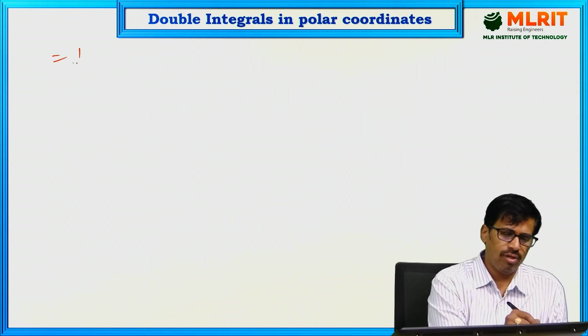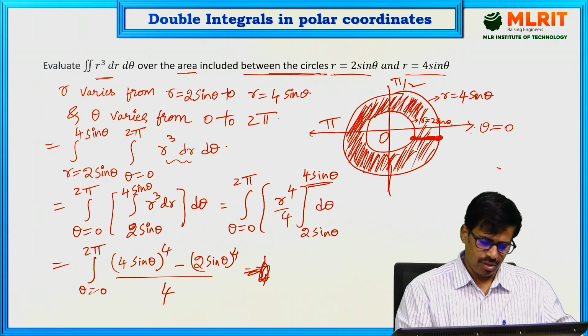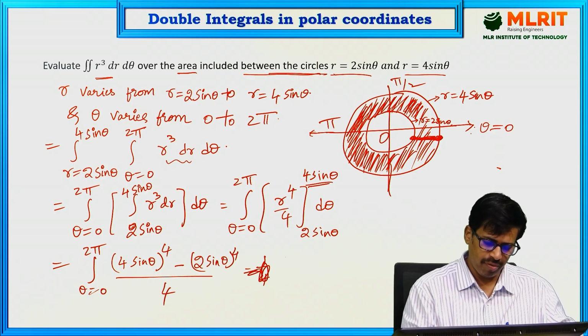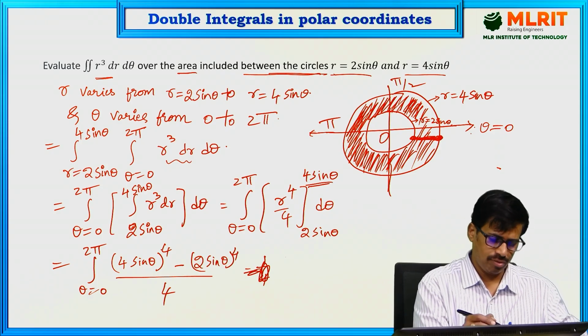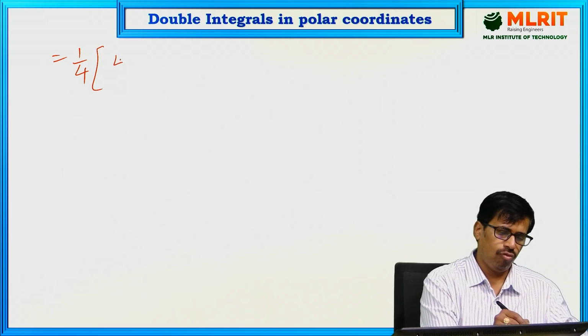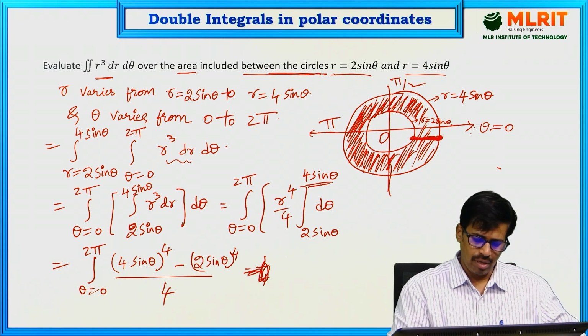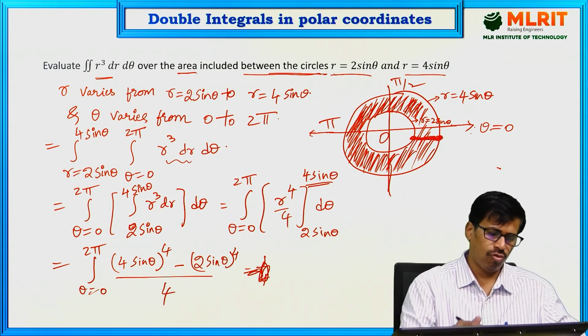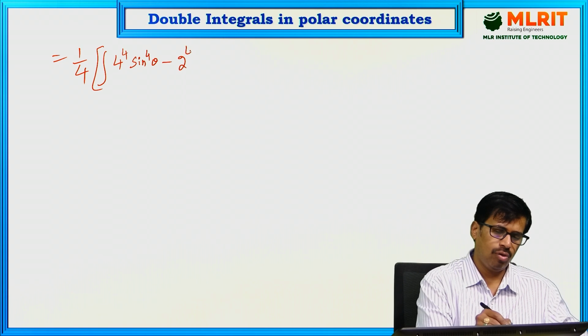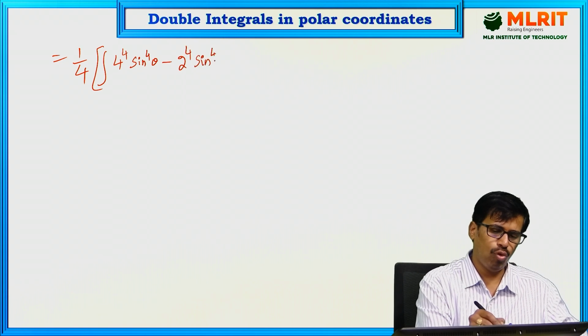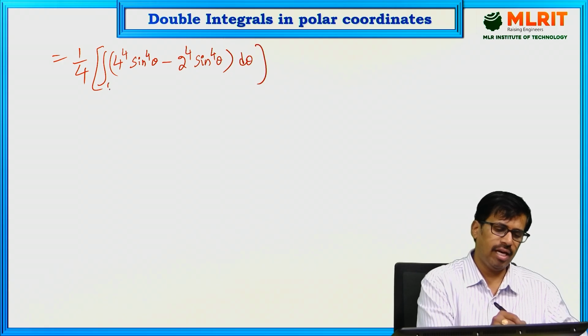So this is equal to 1 by 4 into the integration of theta 0 to 2 pi, 4 power 4 sin power 4 theta minus 2 power 4 sin power 4 theta d theta, and the theta limits are 0 to 2 pi.